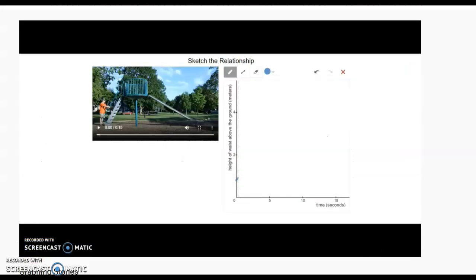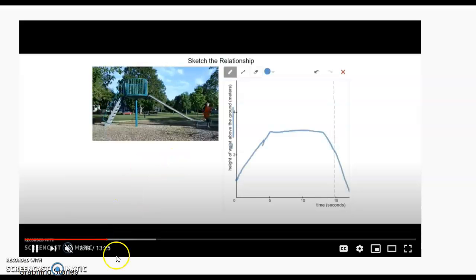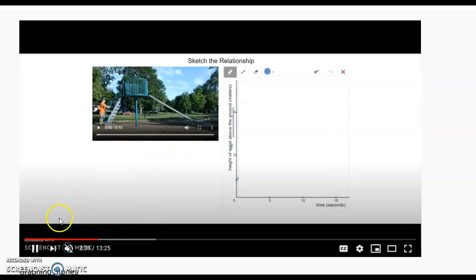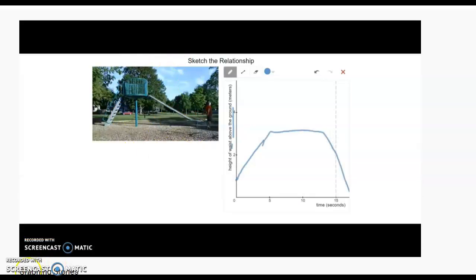Remember how on Monday we looked at graphs and we watched a video about a man who climbs up the playground equipment. So this would be a 15-second video, a video of somebody doing something that can easily be graphed. During this project, the first step that you do is create a video.